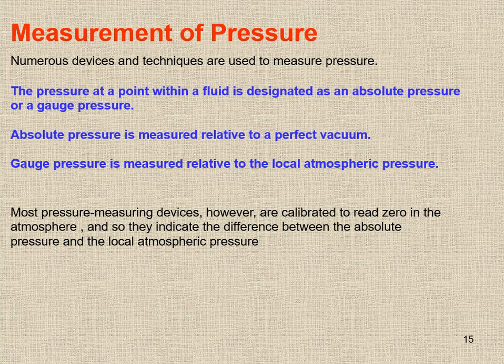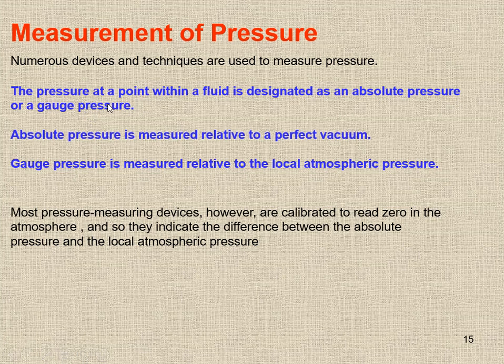Now we are going to see the measurement of pressure. How do we measure pressure and what pressures do we normally measure? That we also discussed in the previous slide. Numerous devices and techniques are used to measure pressure. The pressure at a point within a fluid is designated as an absolute pressure or gauge pressure. So we measure either absolute pressure or gauge pressure.